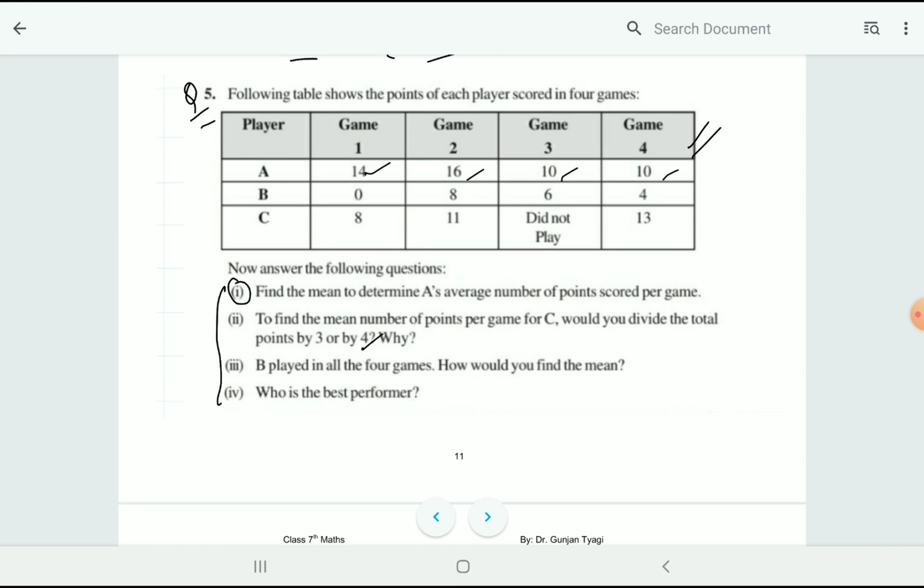He played only 3 games. So the total will be divided by 3. When we find the mean for C, we will divide the sum by 3 only.